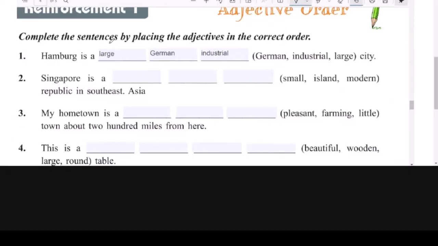So this is the size, right? This is the size, right? This is the origin. Yes, this is the origin. This is the purpose. It's not the condition, but it's the purpose. What is it for? What type of city? It's an industrial city, right? It would be the purpose adjective, right?